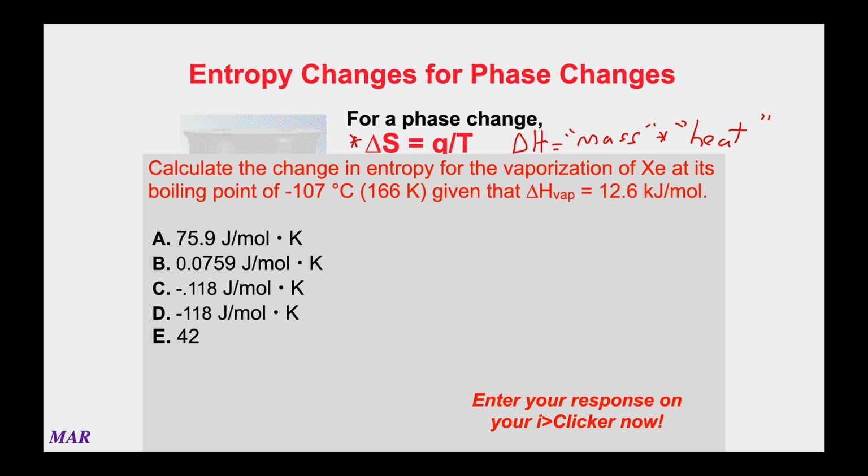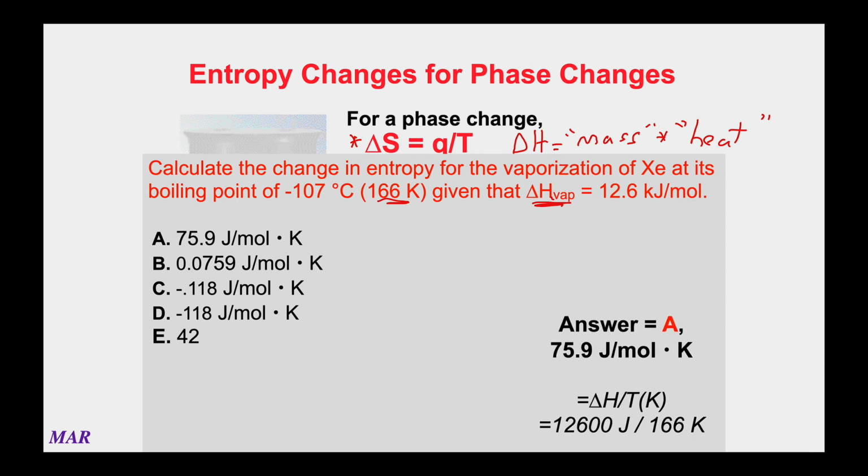And like we saw in the last example there with water, the Q part is related to the delta H of whatever transition you're going through. So we want to vaporize liquid xenon to a gas phase. Q is going to be this delta H vap. Now, the answers there are all in joules. So let's take 12.6 kilojoules per mole and multiply it by 1,000 to get joules per mole. And we'll divide that then by the Kelvin temperature, which is that 166 number.